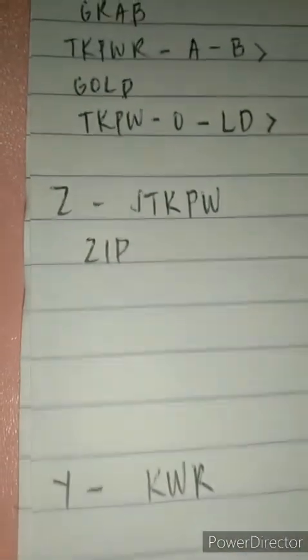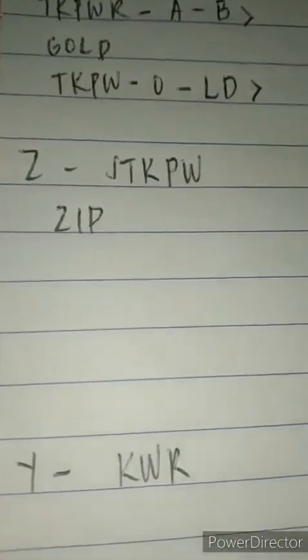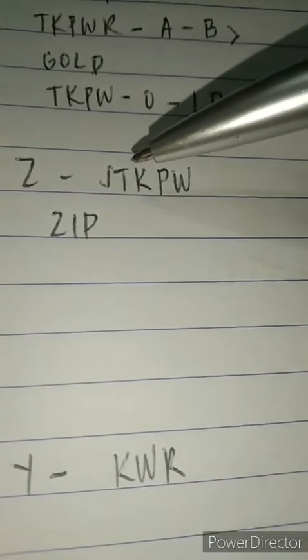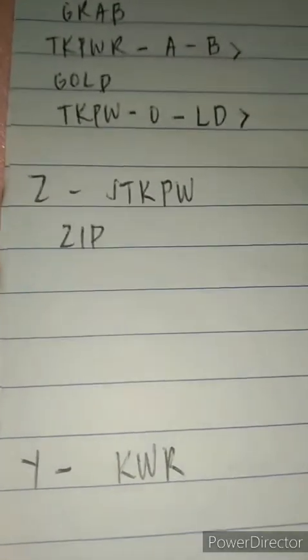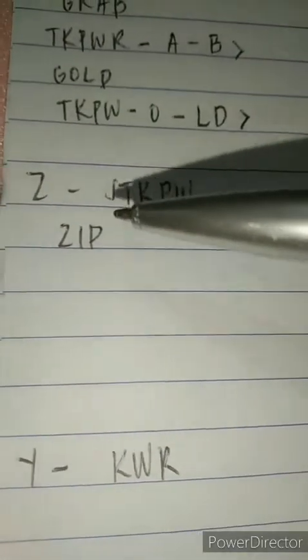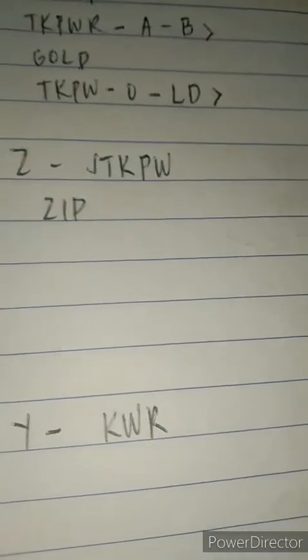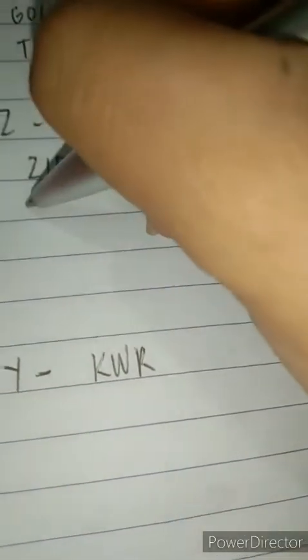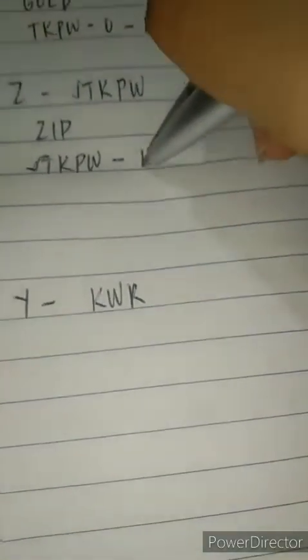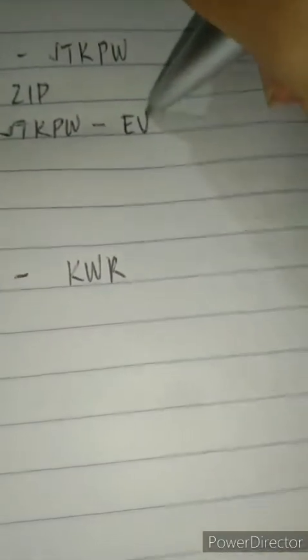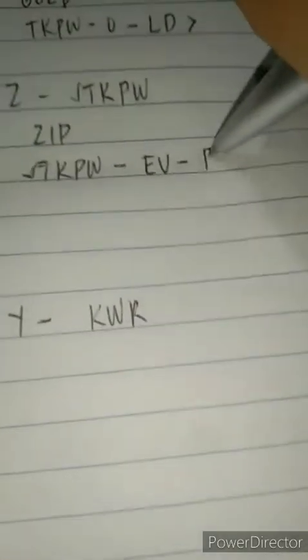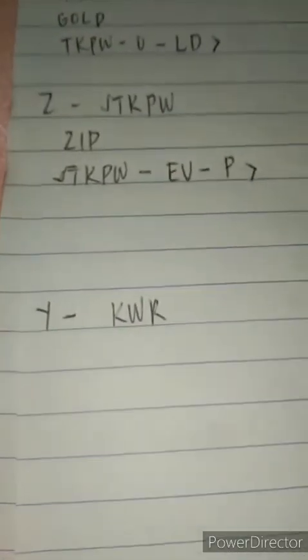Next letter is Z. Z is represented by STKPW. Itong first example na word na zip. So zip, ganito po siya. STKPW, and then short I lang, and then P, and then release.